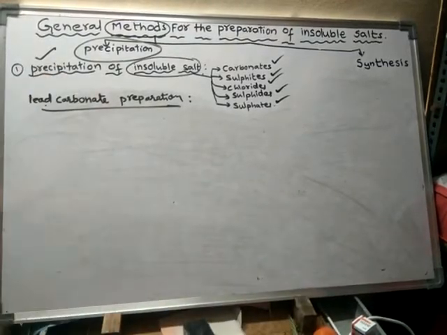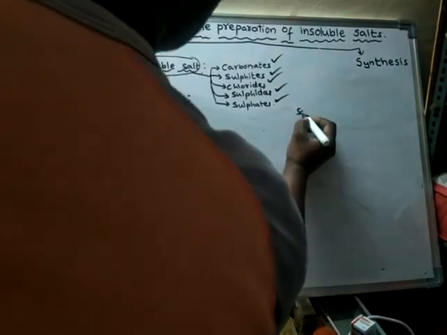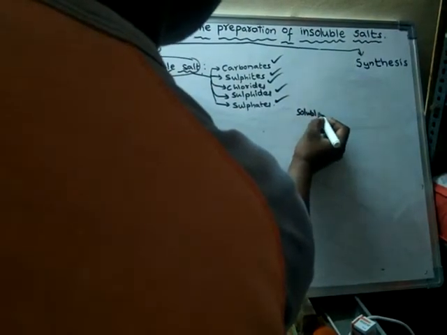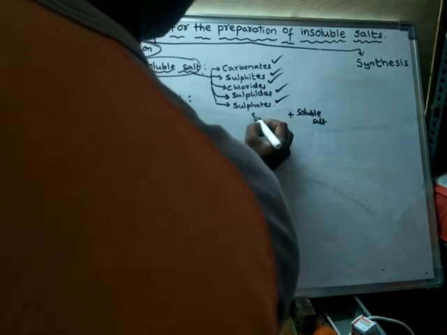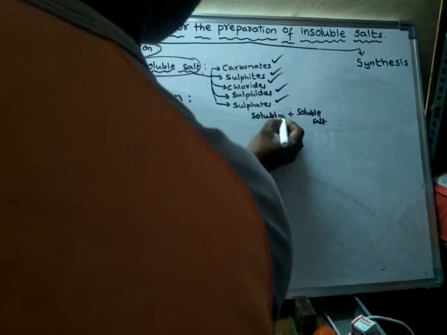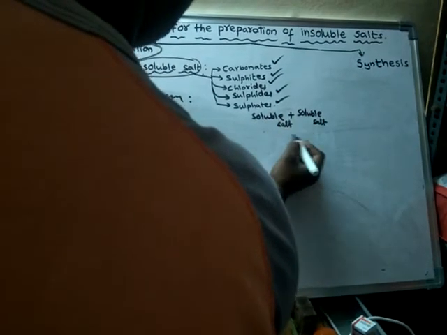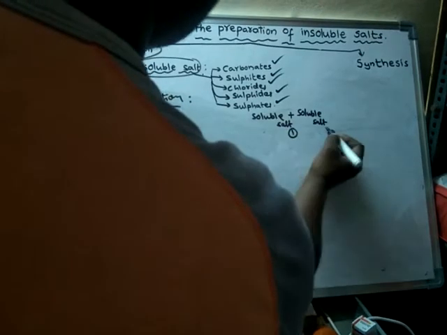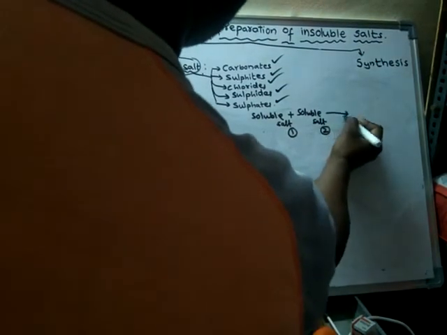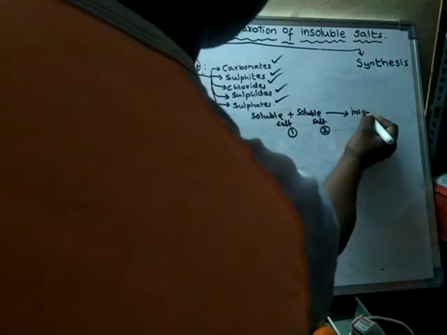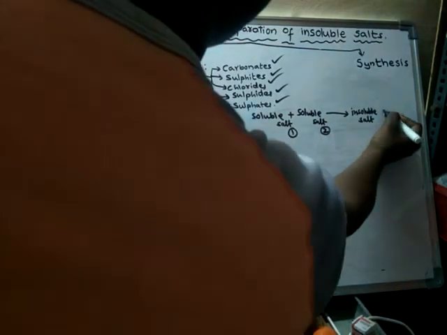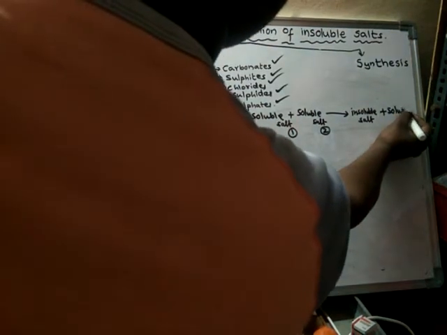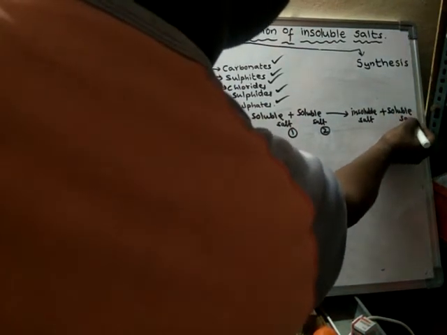So in this method, what did we do? One soluble salt is mixed with another soluble salt. Let us consider this one as salt 1 and this one as salt 2, and you will get an insoluble salt and another soluble salt.